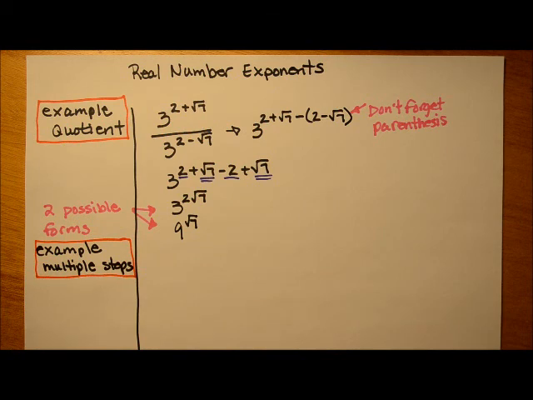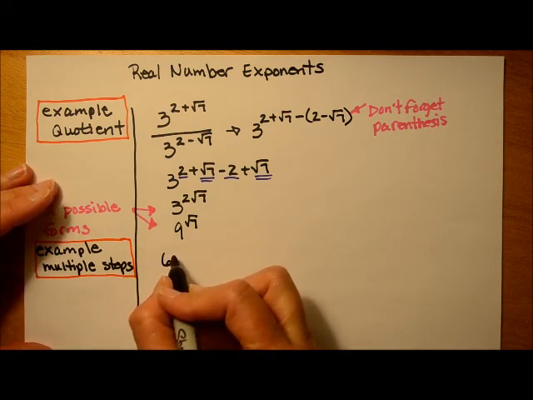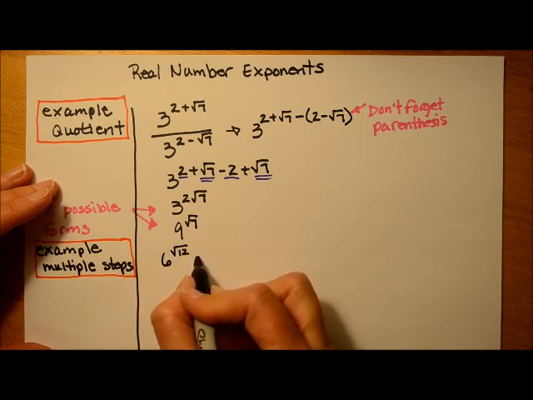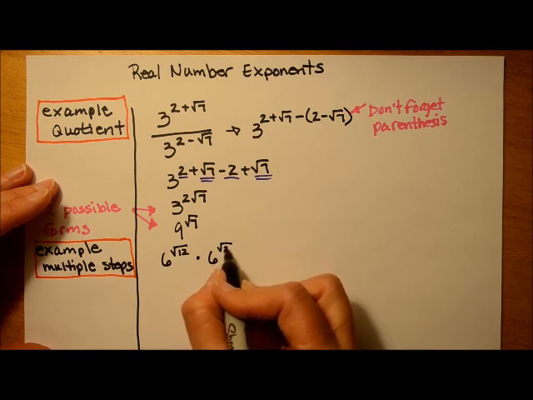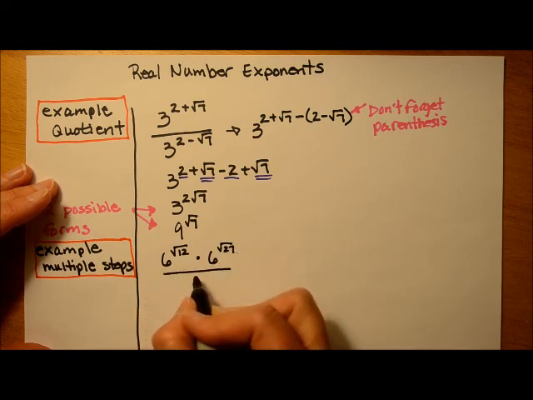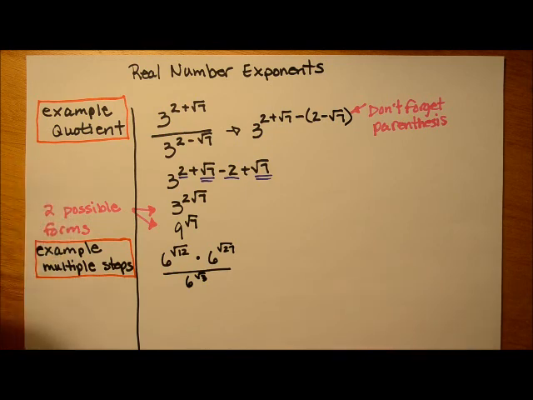So what we want to have is this. 6 square root 12 times 6 square root 27 all over 6 square root 3. Okay, now, so this one has a few steps to it.